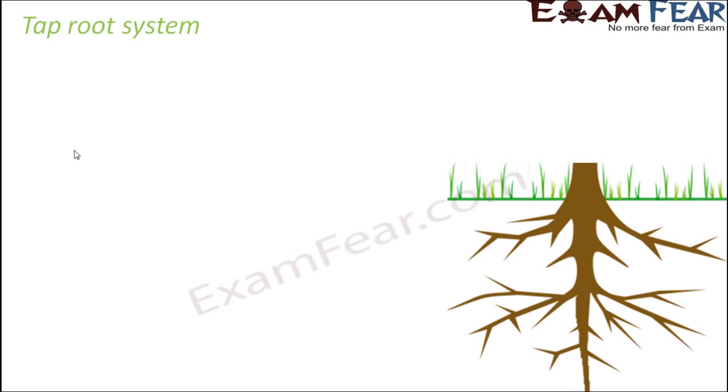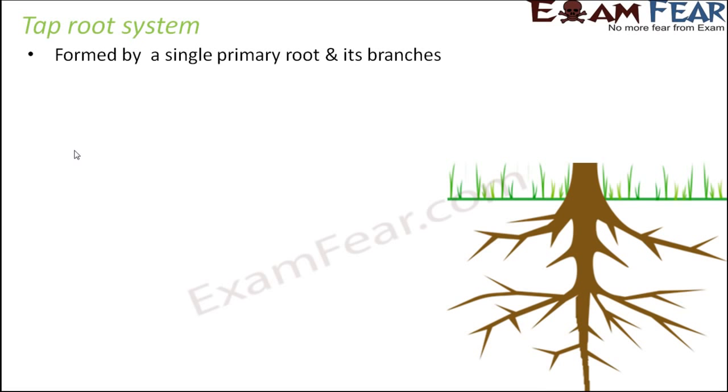Let us talk about tap root first. Here, this kind of root system is formed by a single primary root and its branches. So here you can see this is the single primary root and these are the branches arising from the primary root. So that is a tap root. The catch here is a single primary root. Where do we see this kind of root system?